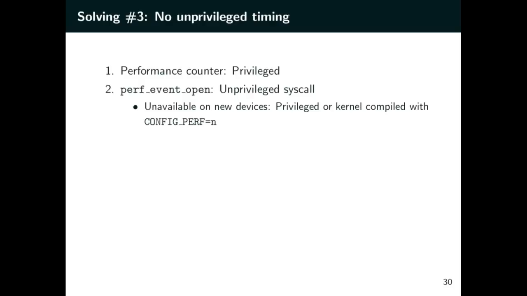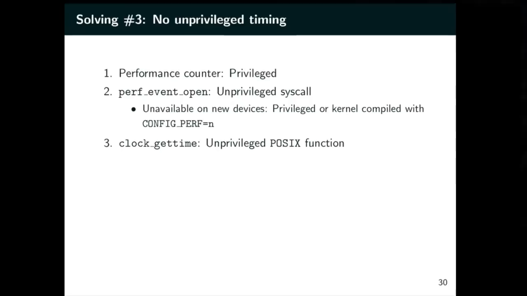However, on new devices, it's not available anymore. Either we can't access the cycle counter, or the kernel isn't built with this module. However, we can also use the POSIX function clock_gettime, where we can pass a timer as an argument, and we will have a nanosecond resolution.